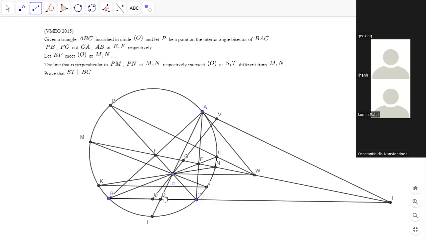So basically you're saying OPQV is harmonic because if you project it onto this point, then A, that point, P and D are harmonic. And that's true because A, D, C, F, and B concur.